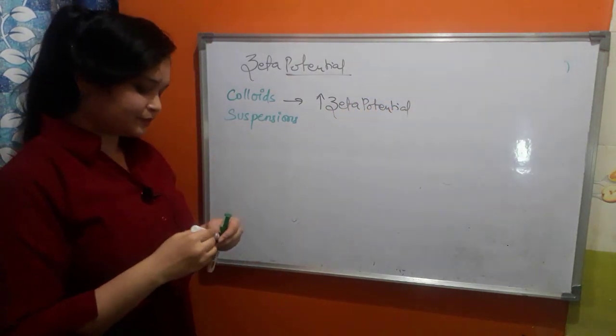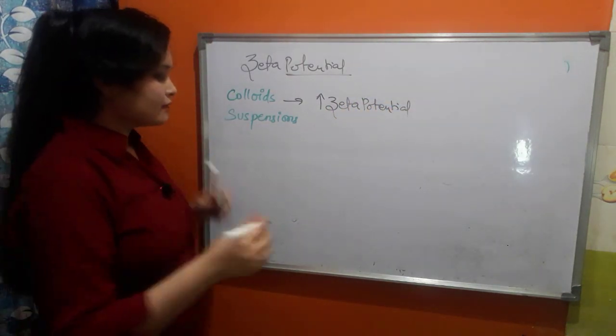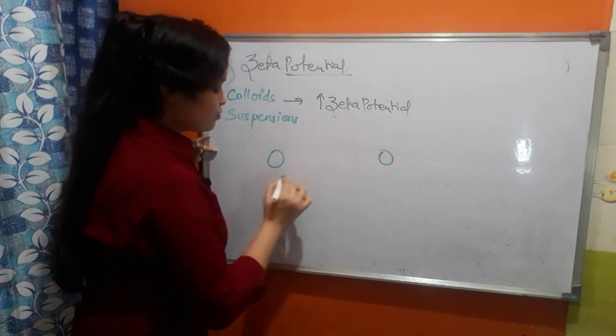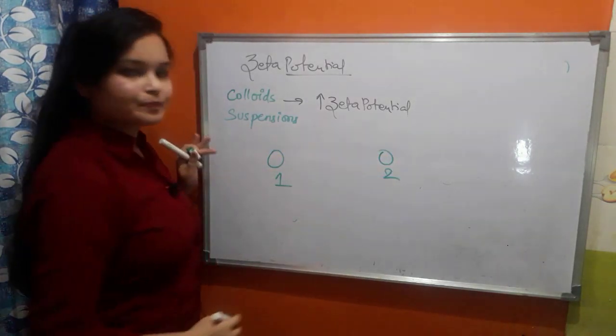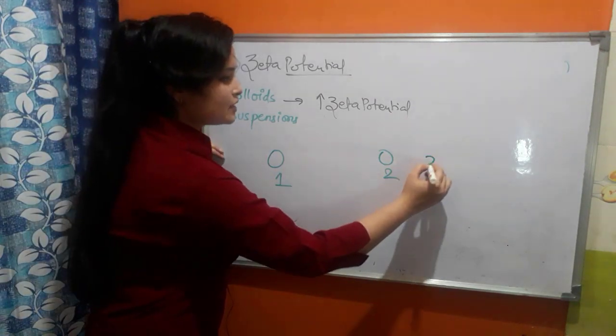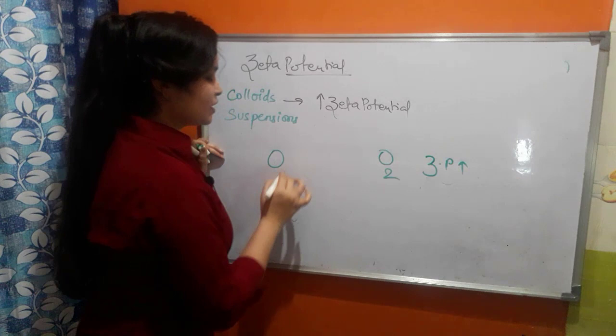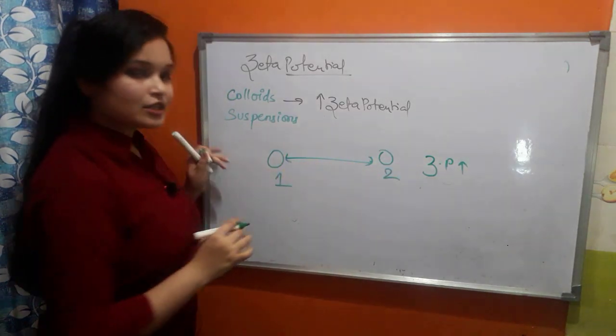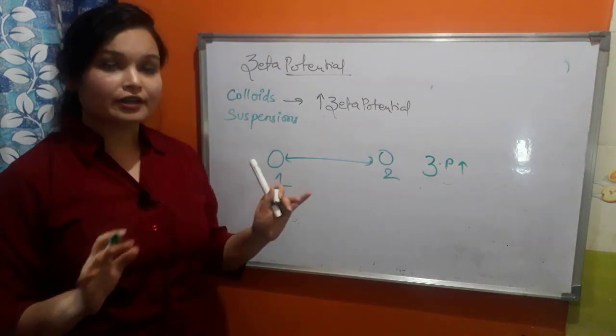I'll tell you why. Just suppose there are two particles, particle 1 and particle 2. If the zeta potential is high, the repulsion capacity of these particles will be a lot higher.